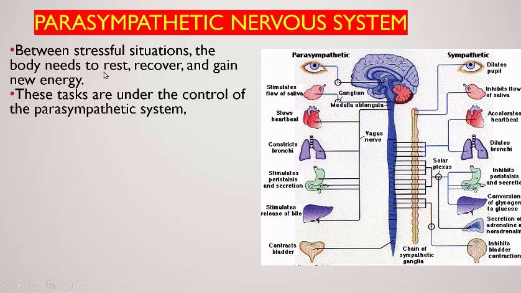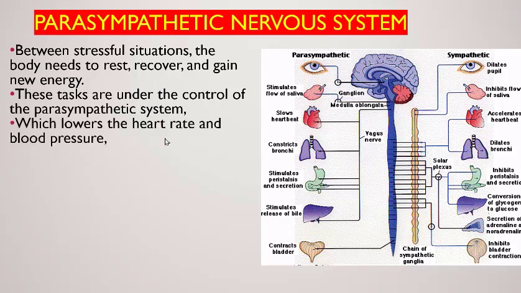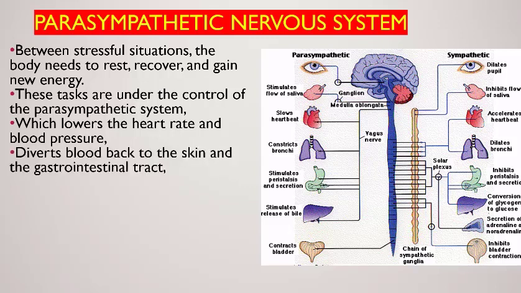The rest timing of the body is under the control of the parasympathetic nervous system, which lowers the heart rate and blood pressure. During rest, the heart rate comes down to the normal rate, the blood pressure is also normalized, and blood is diverted back to the skin and the gastrointestinal tract.